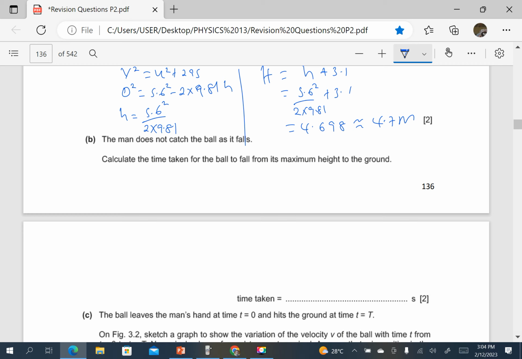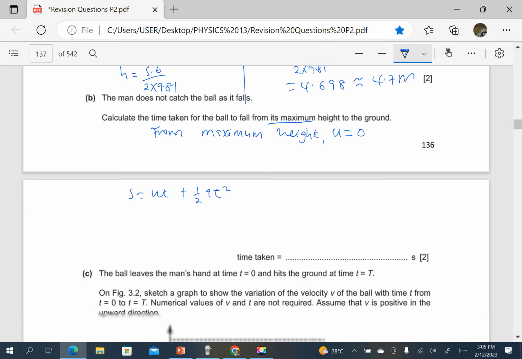From maximum height, it starts with 0 velocity when it is falling. So u is going to be 0, and I will use s equals ut plus a half at squared.